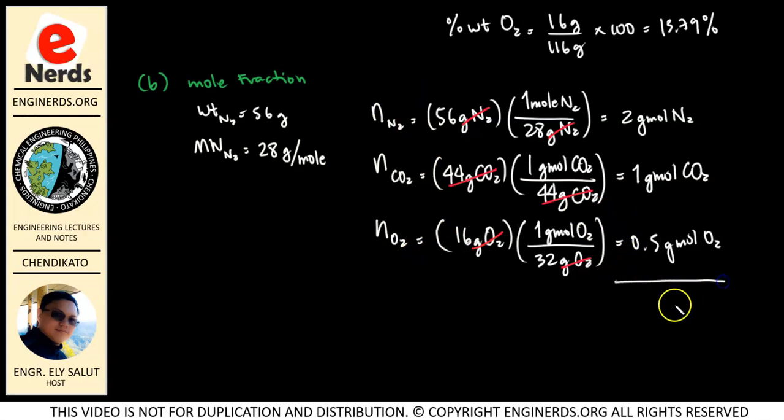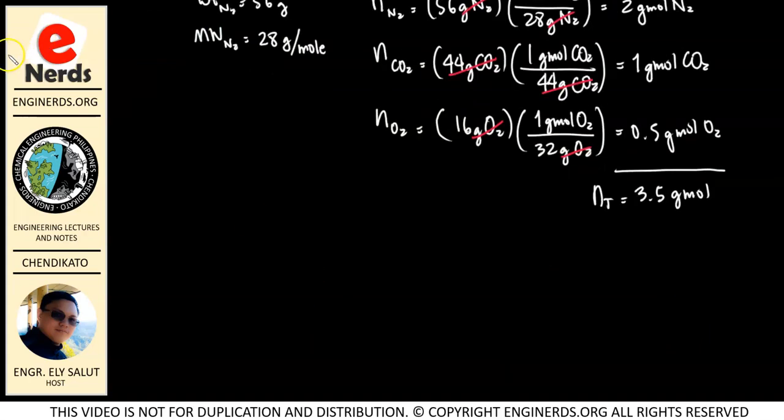Okay, so meron na tayong value ng lahat ng ating component in gram mole. So, ilan yung total gram mole sa ating mixture, no? So, we have 2 plus 1 plus 0.5. So, we have 3.5. So, our N total is equal to 3.5 gram mole. Okay? So, kunin natin yung mole fraction ng bawat component natin.